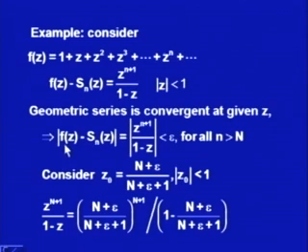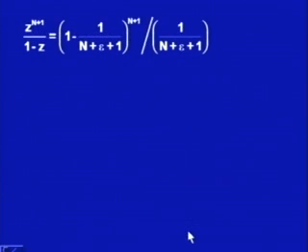Now, if we consider z_0 as a slightly different point, (n + epsilon)/(n + epsilon + 1), we can notice that z_0 is still less than 1. For this z_0, if you simplify the expression z^{n+1}/(1 - z), it comes out to be this, and further simplification yields this.